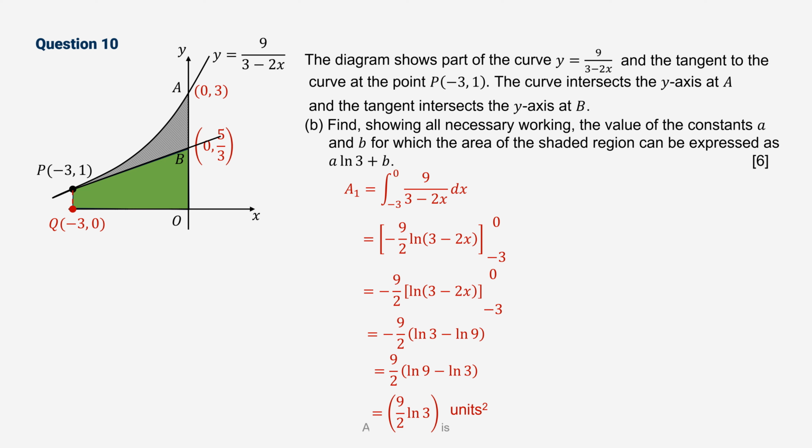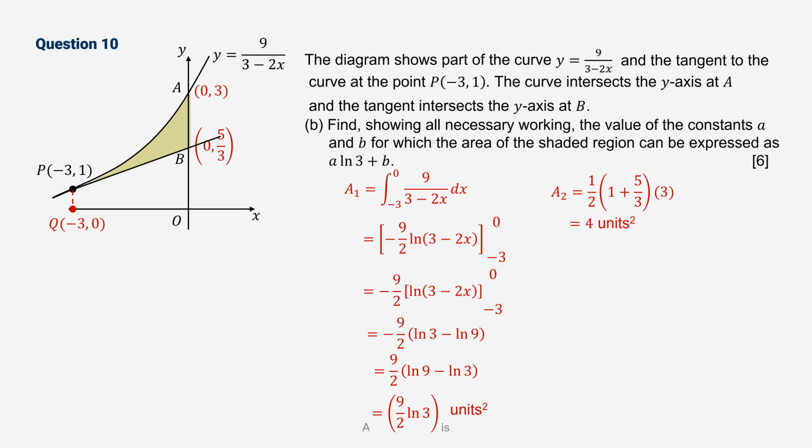Next, we want to find the area of this trapezium. Let's label this area as A2. The area of this trapezium A2 will be half times (1 plus 5 over 3) times 3. This is the formula to find the area of a trapezium. Then we calculate and get 4 units squared.